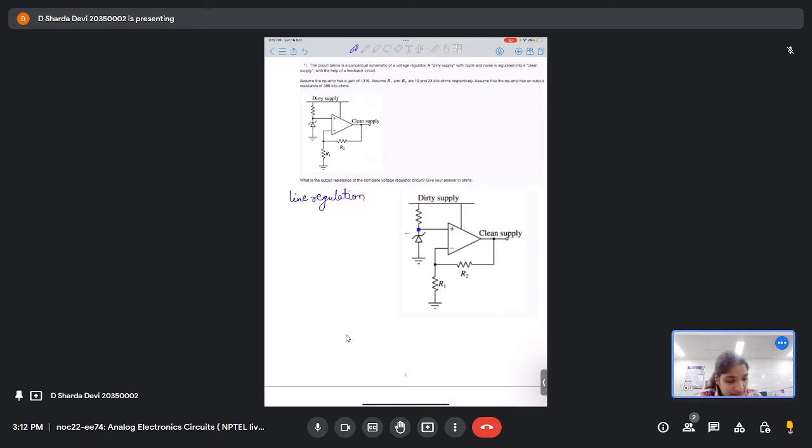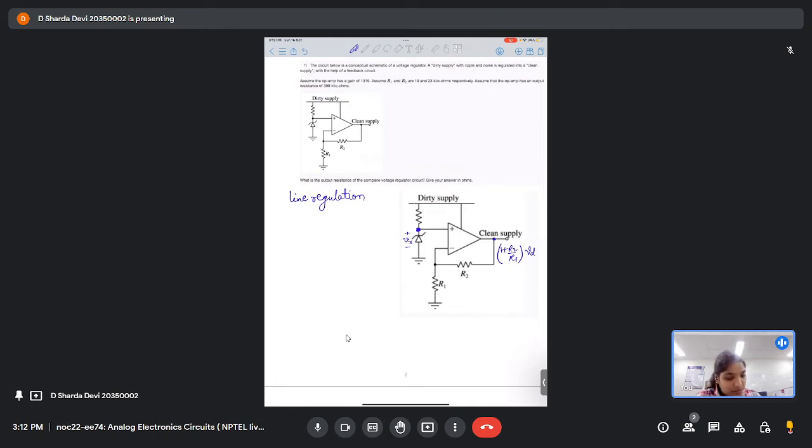As here, let's say the voltage across this diode is Vx, then the output that we will get is 1 plus R2 upon R1 into Vd, that is the difference voltage.